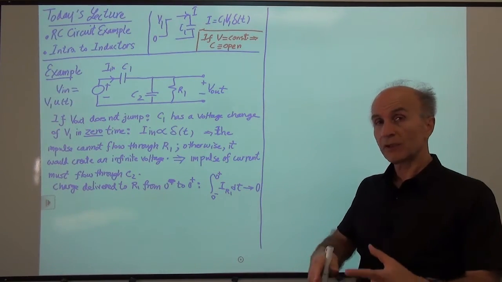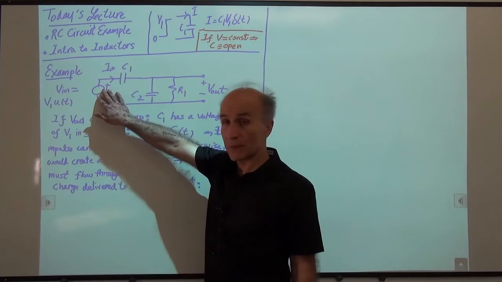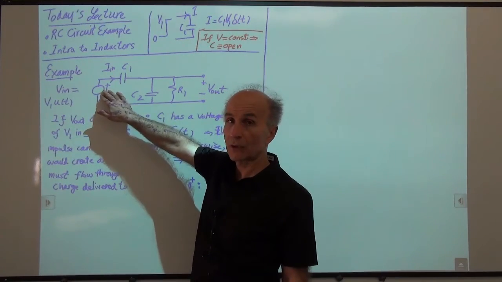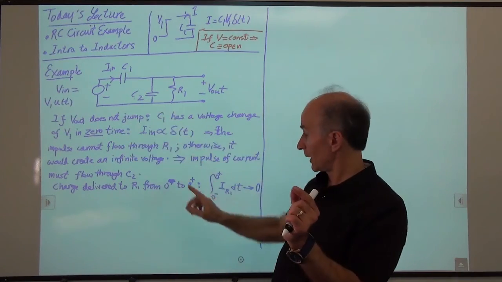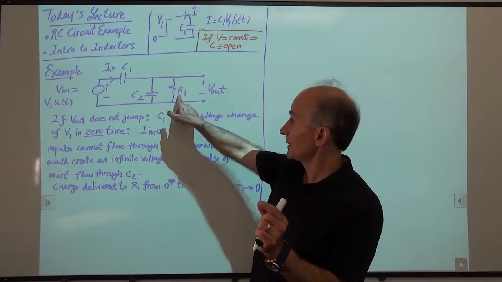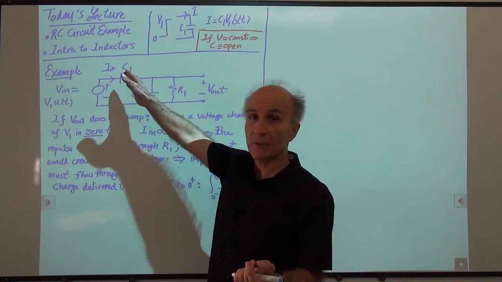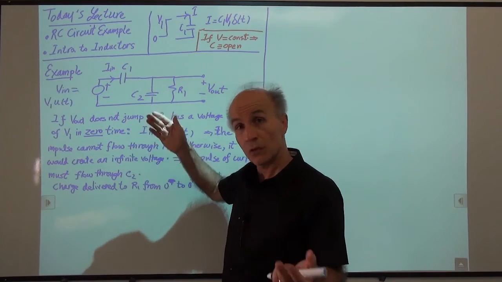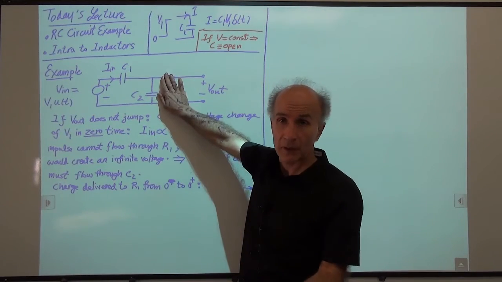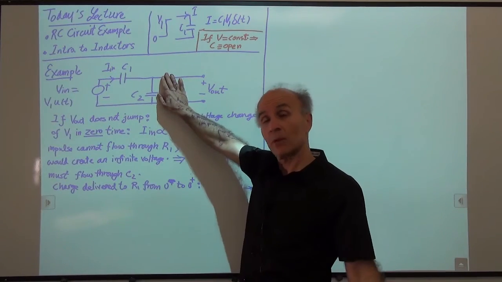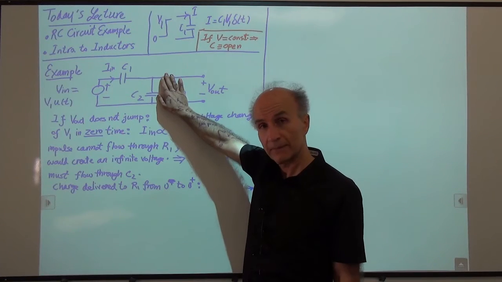So the charge delivered by this voltage source has to go onto only C1 and C2, because during that very short time period, no charge has been delivered to R1. So all of it has to end up on these two. So during that very short time period, R1 plays no role in the circuit whatsoever, as if it were not there, as if it were infinite.